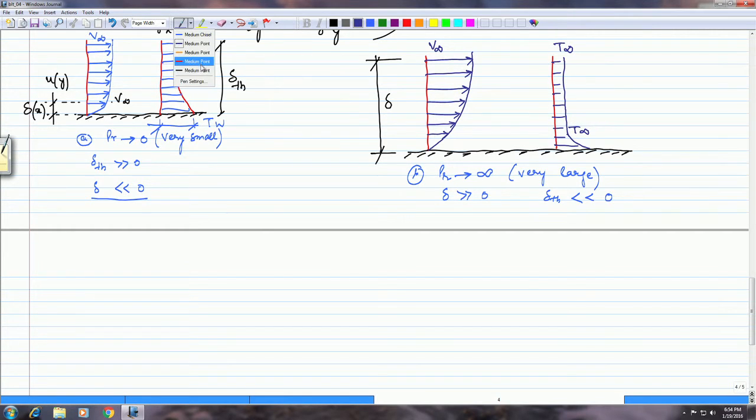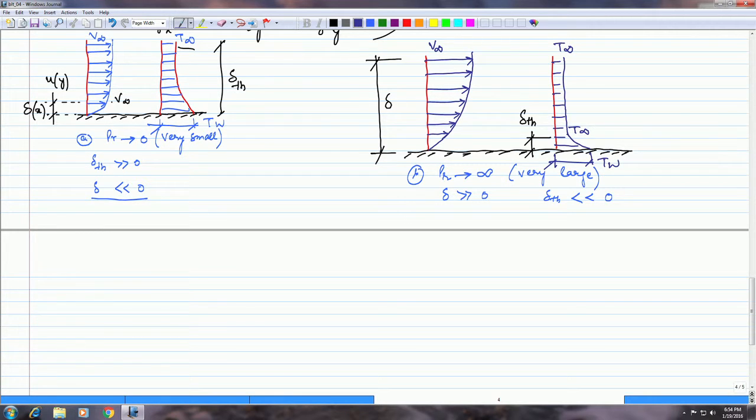So right about here, this is your thermal boundary layer, and this is your wall temperature. Is that right? So therefore this is your thermal boundary layer. This is what we are looking at, graphically, trying to get a picture of what we're talking about.